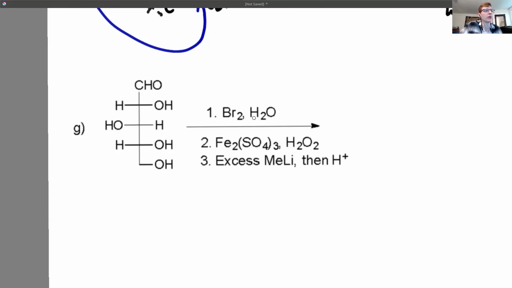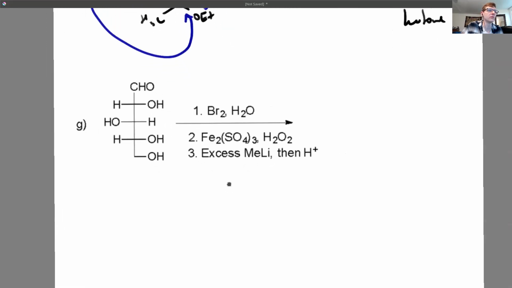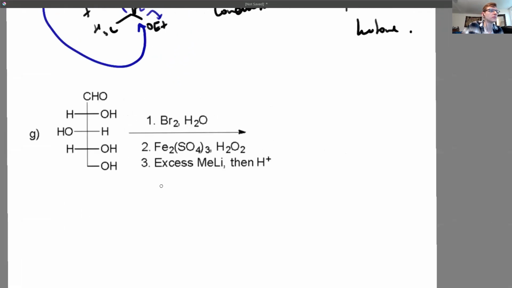I don't really remember what that does, so this one's up to you. This is a Ruff degradation. The bromine water makes that top aldehyde into a carboxylic acid, and then the hydrogen peroxide takes off the acid at the end. Okay, so it's just a Ruff degradation.